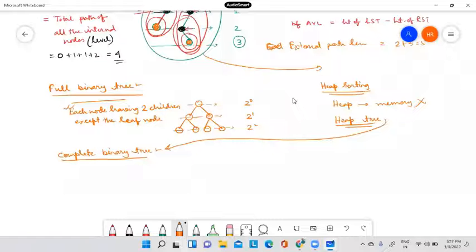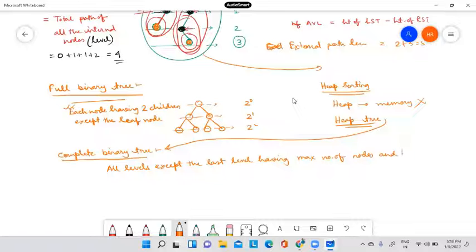In a full binary tree, every level has the maximum number of nodes, but in a complete binary tree, all levels except the last level have the maximum number of nodes. This is one thing.